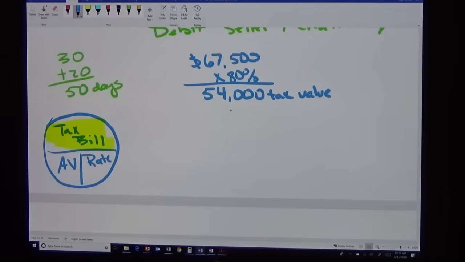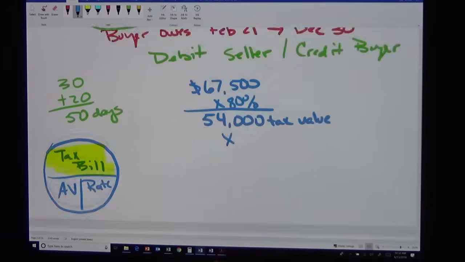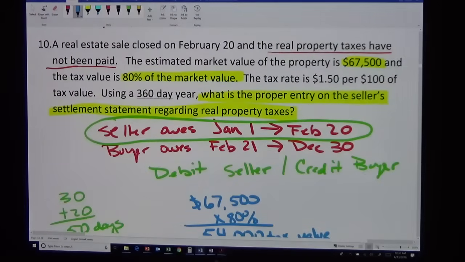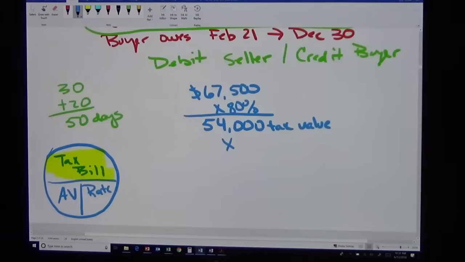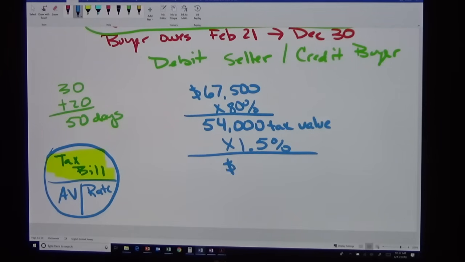Well, we just calculated the assessed value of $54,000, and they told us that the rate is $1.50 per 100. So that's going to be times 1.5%. Because $1.50 per 100 is the same thing as 1.5%. And that gives us a tax bill for the year of $810. That's the bill that we're prorating.